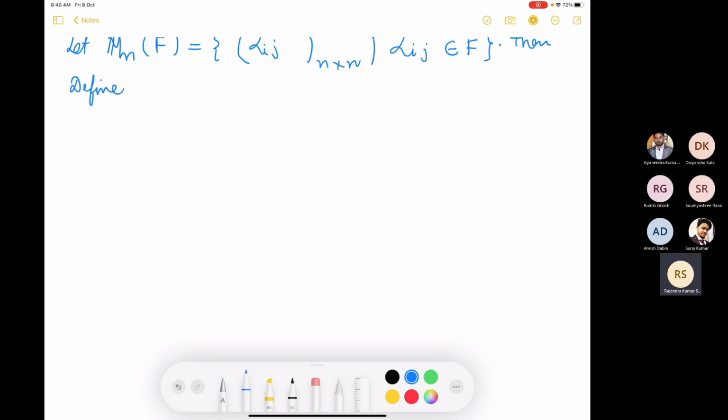At the moment, this is the set, and we are defining a few things.